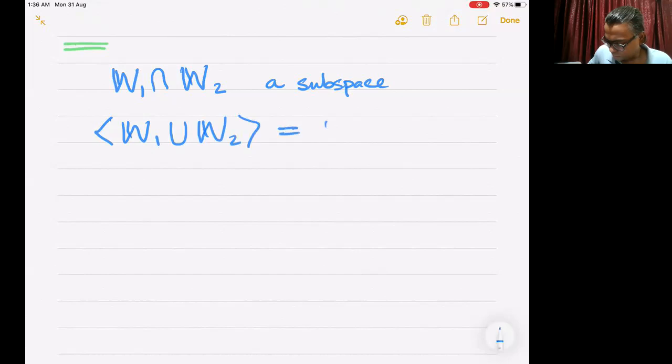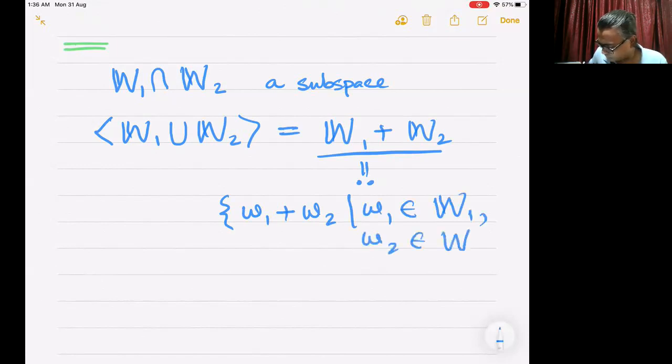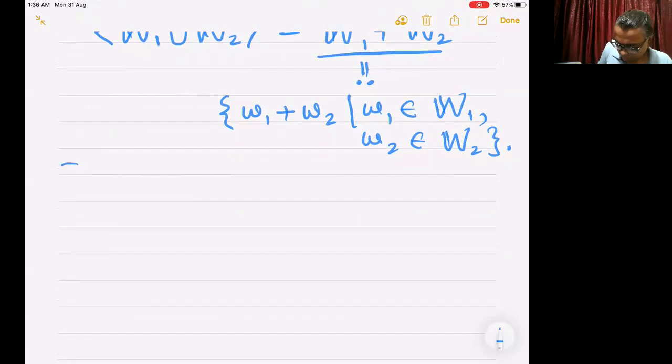That happens to be what is called W1 plus W2. This is defined as the collection of all vector sums of this form, where w1 is coming from subspace W1 and w2 is coming from subspace W2, right? Yeah, so that's about it. That's what we did in the last lecture.